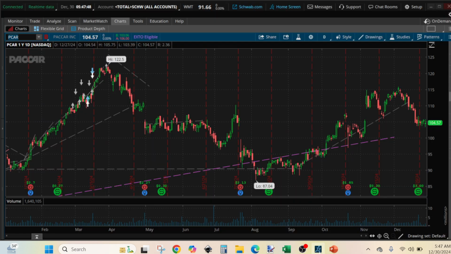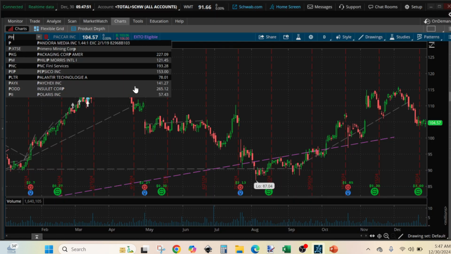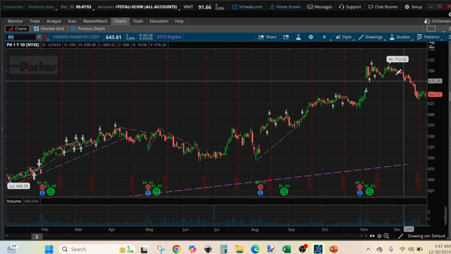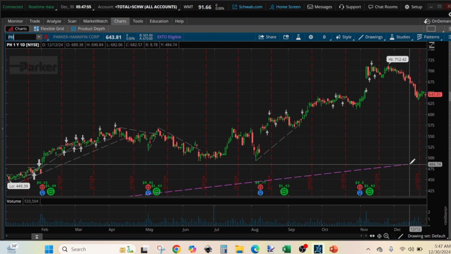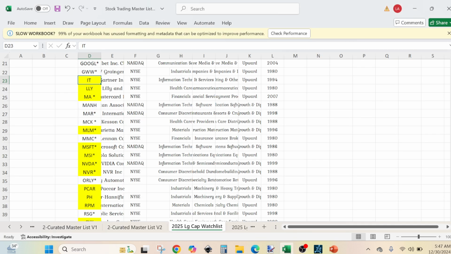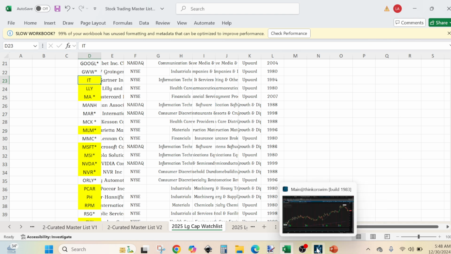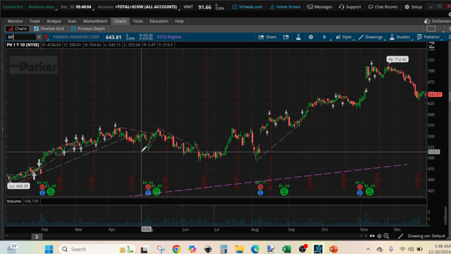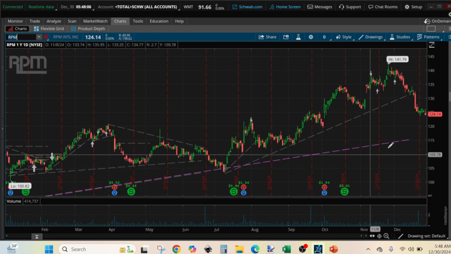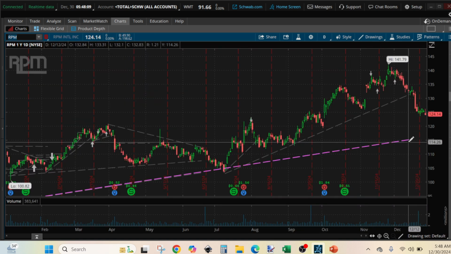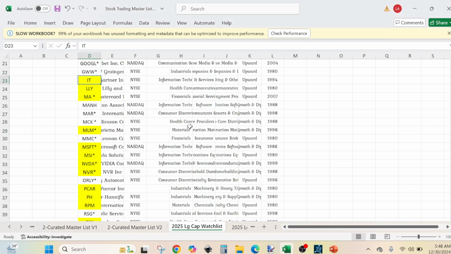PH. So PH, we are nowhere near to buy more, but we already have some too. RPM. So RPM, but we bought some already.